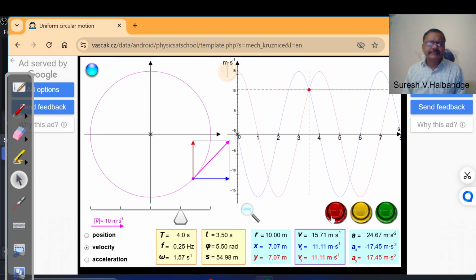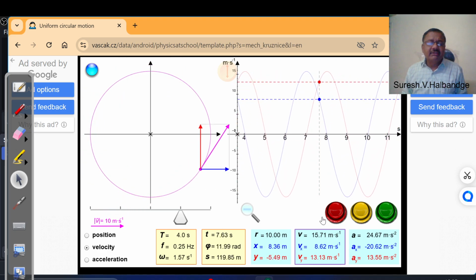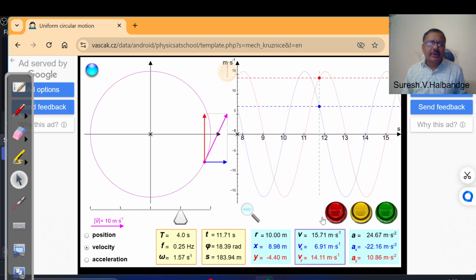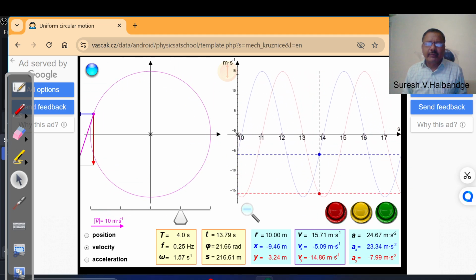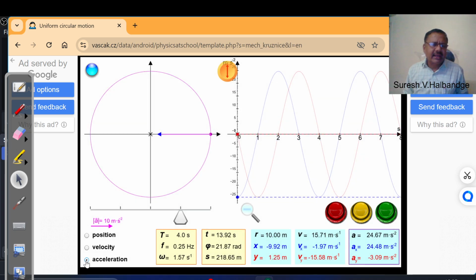Beautiful analogy. Here, the tangential velocity can be resolved into two perpendicular components, and it is shown. One is a horizontal component and the other is a vertical component. Now we shall click on the acceleration component. In UCM, the direction of acceleration is along the radius toward the center.